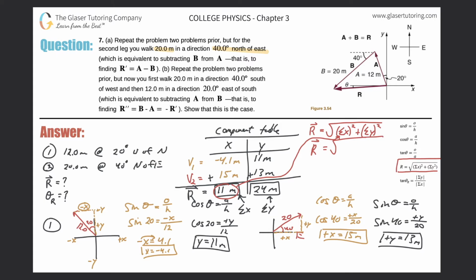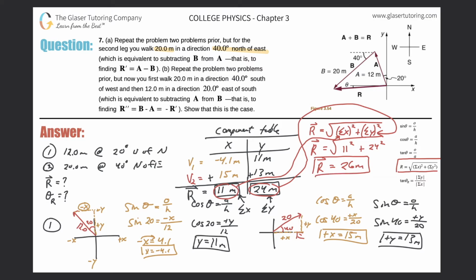So square root now of 11 squared plus, here's my y value, 24 squared. So it works out to 26.4, so we're just going to keep it at 26. 26 meters, that's the magnitude of the resultant.